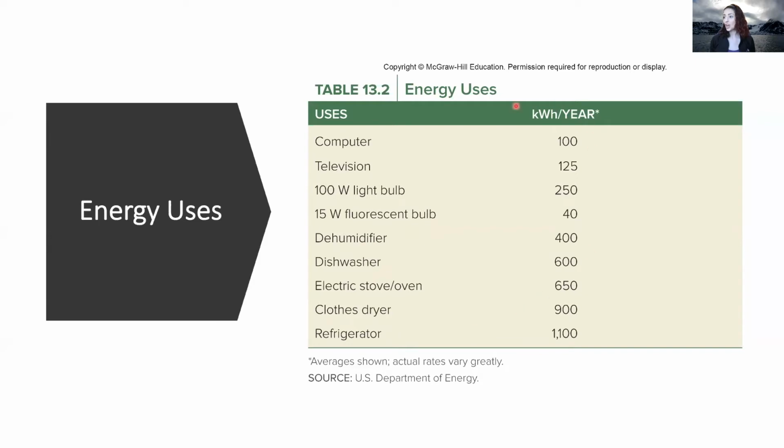By and large, we see that a large chunk of our daily energy use actually has to do with refrigeration and storing our food. So here we are introducing the kilowatt hour per year as a measurement of how much energy each of these different items uses, but we need to understand some basic definitions.